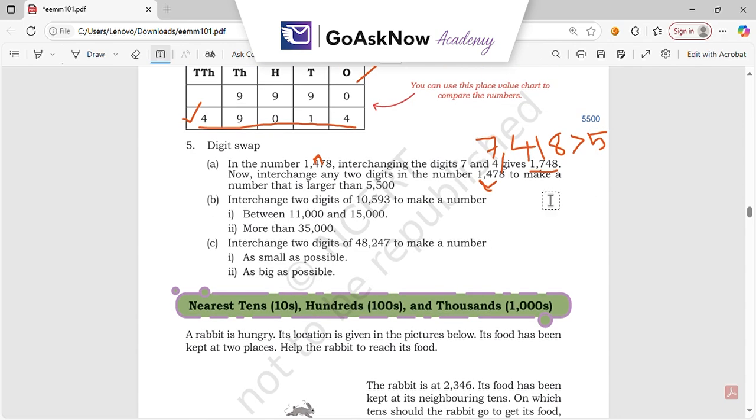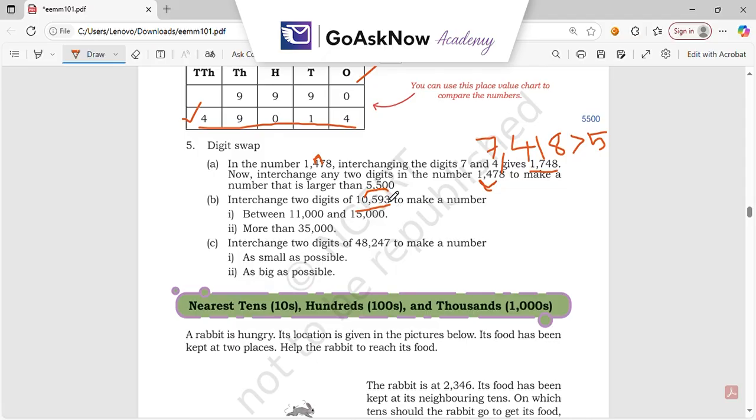After that, in part B, interchange two digits of 10,593 to make a number between 11,000 and 15,000. Now we have to create a number between 11,000 and 15,000 using this number.